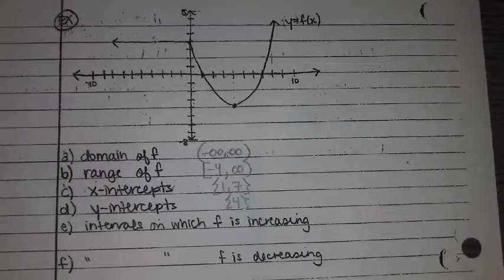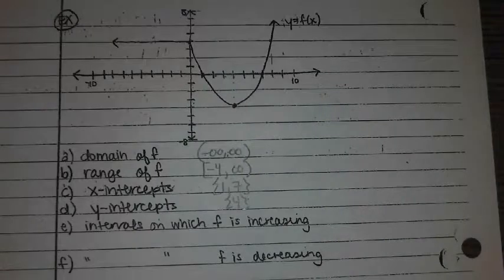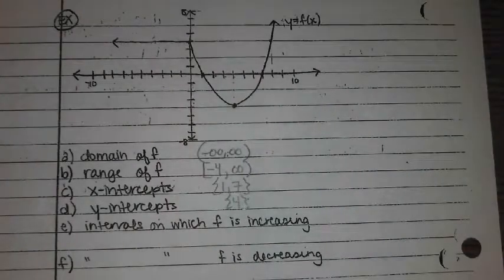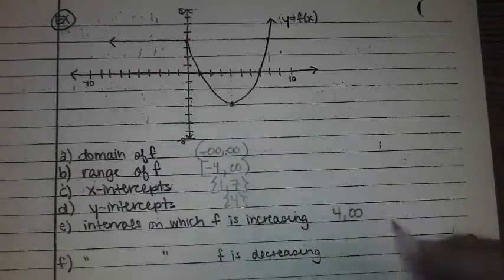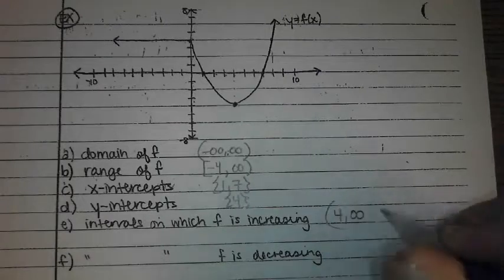Intervals on which f is increasing. What do you think about that? Ellie. 4, comma, infinity. What kind of signs? Very good.